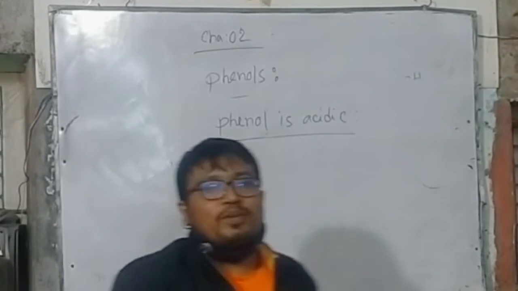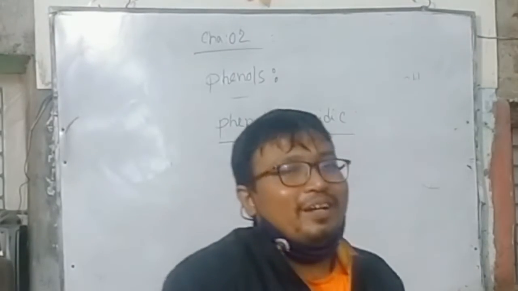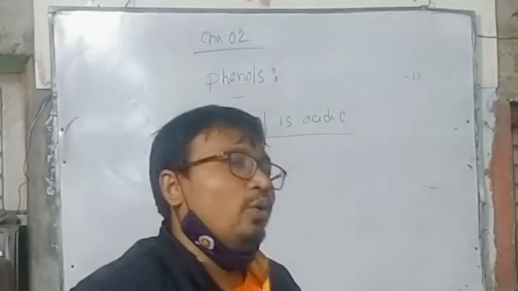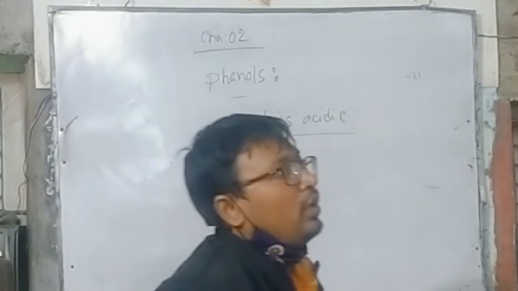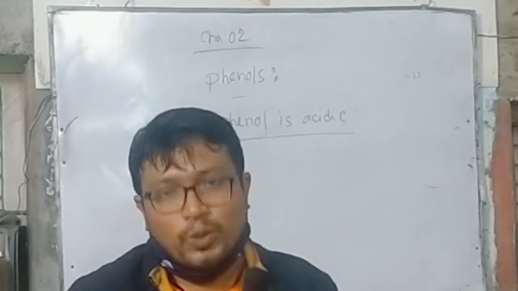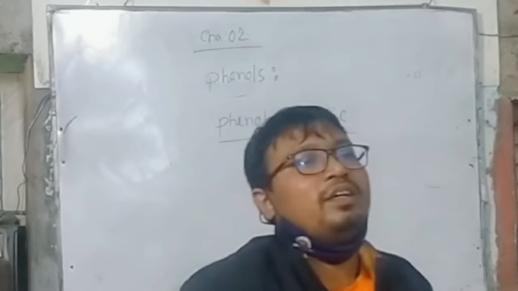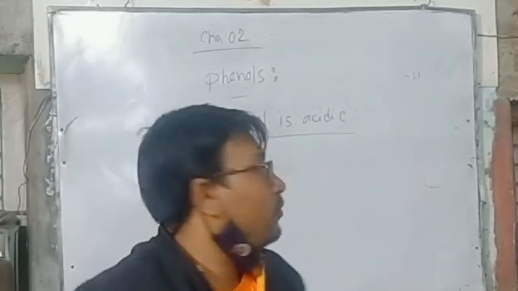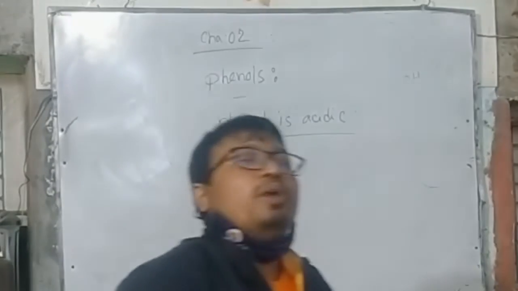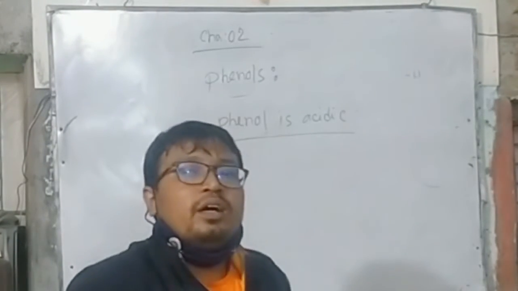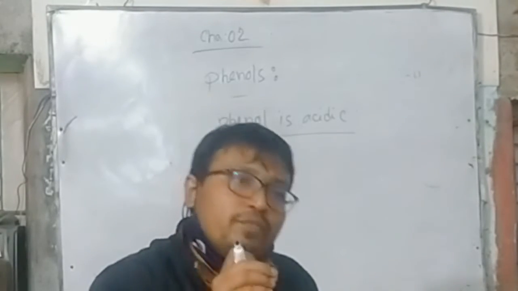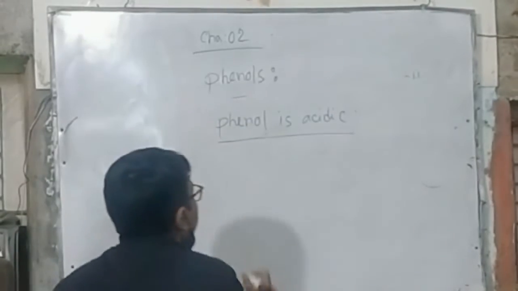According to the Arrhenius concept, when any substance releases hydrogen ion as proton in aqueous solution, it is called an acid. Phenol has the ability to release hydrogen ion as proton. Therefore, phenol is acidic.